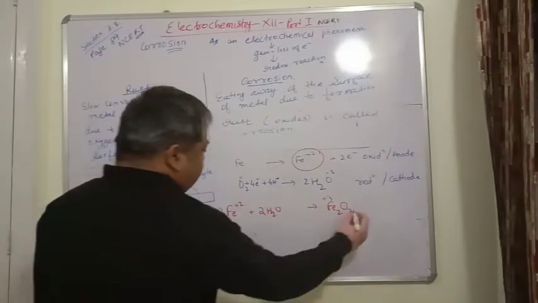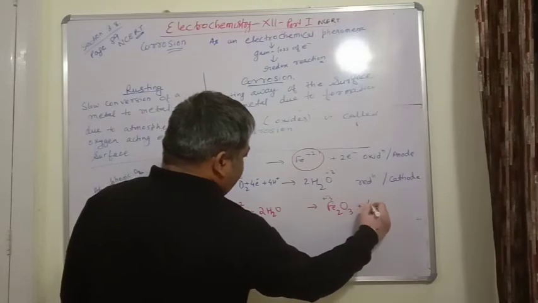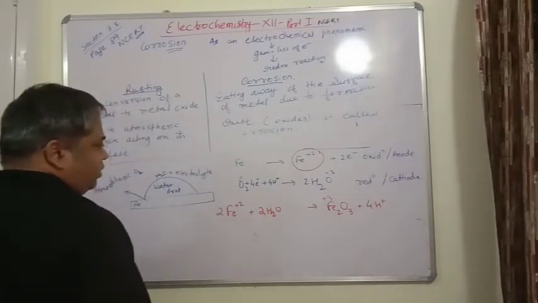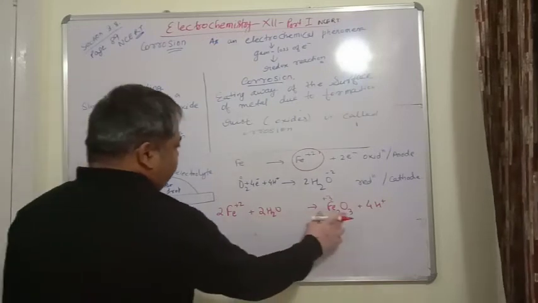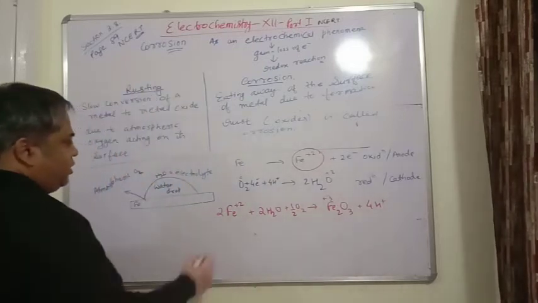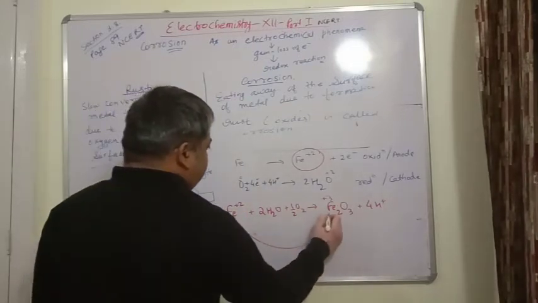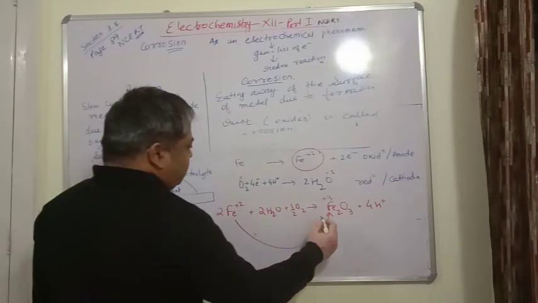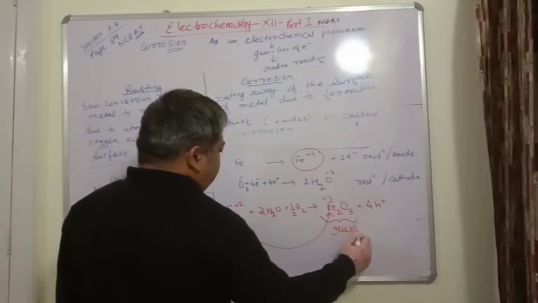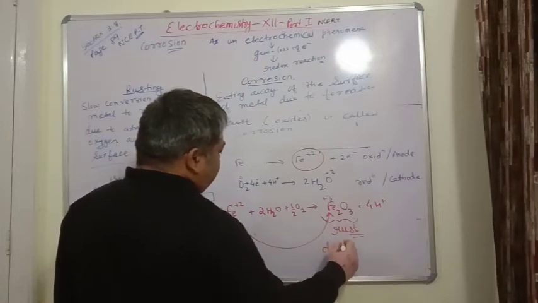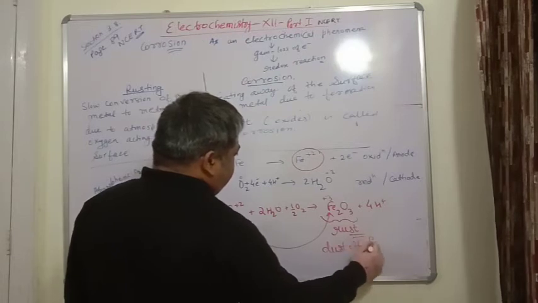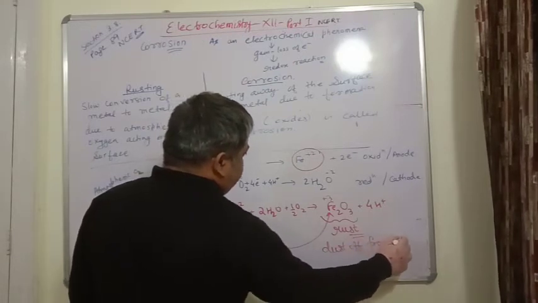To balance hydrogen we will give 4H+ here, and here there are 2 oxygens and there are 3 oxygens, so we will give half O2 here. In this way Fe2+ becomes Fe3+, and this is called rust. This dusts off from the surface.